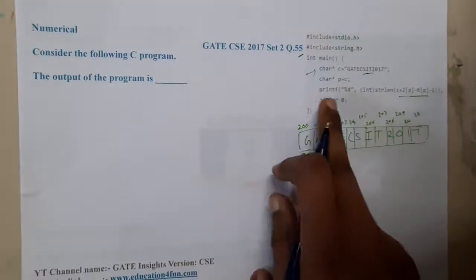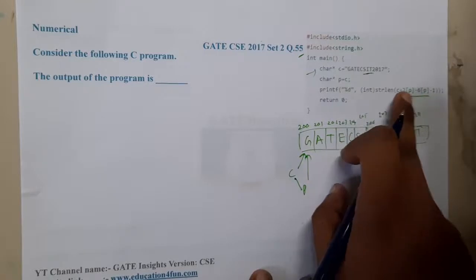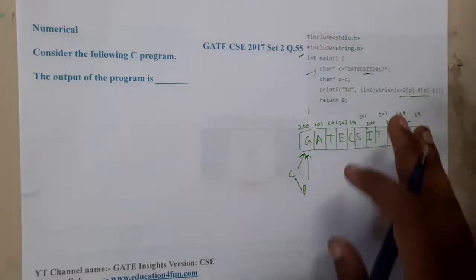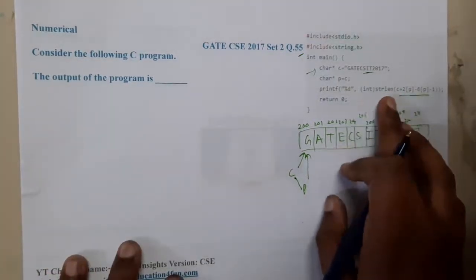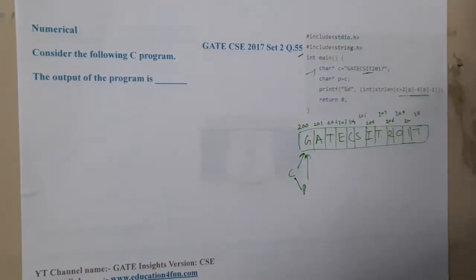Now printf percentage d, int strlen of this whole expression. Here we are trying to calculate some kind of overall length. What is the exact value of C, guys? Let us observe carefully.